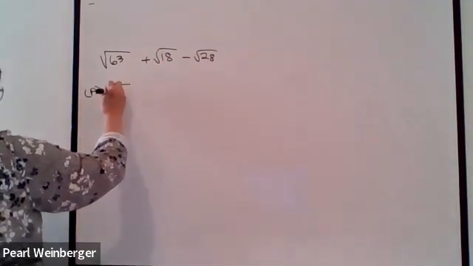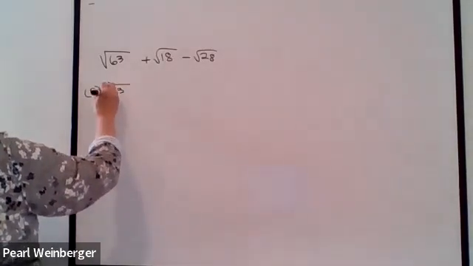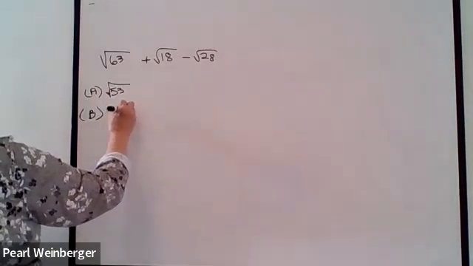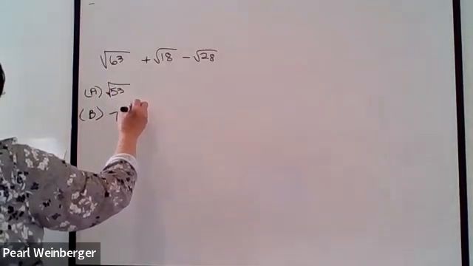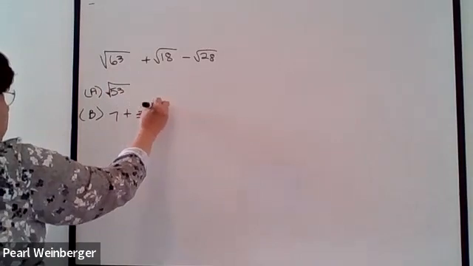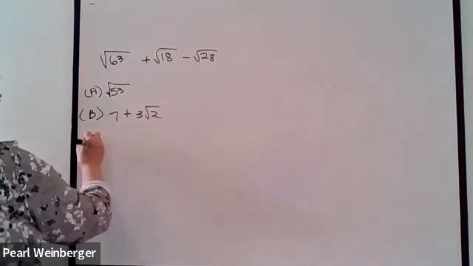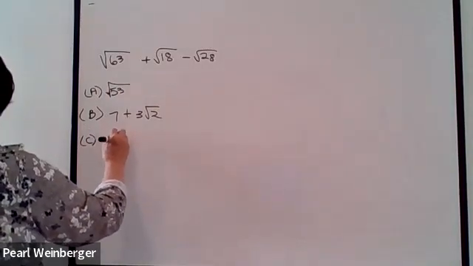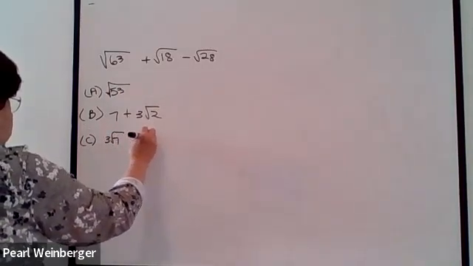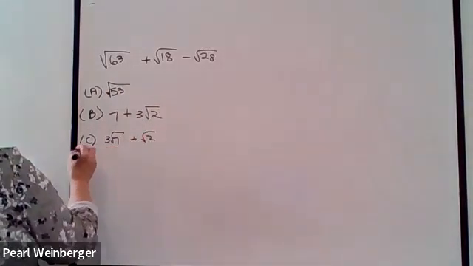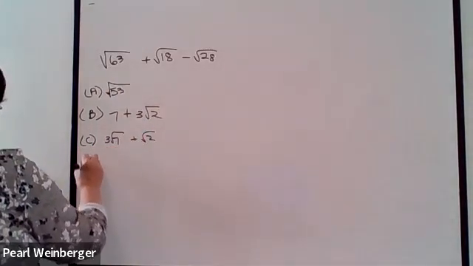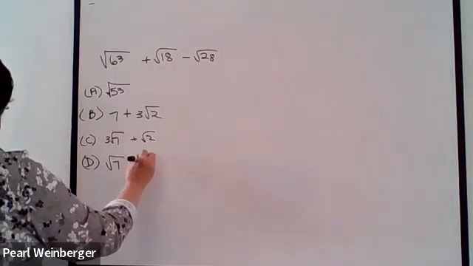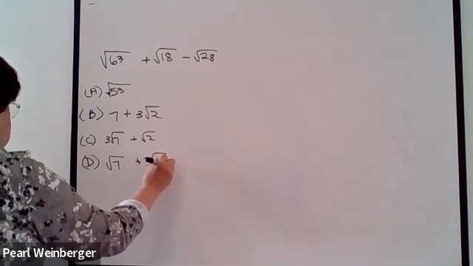Radical 53, choice A. Choice B is 7 plus 3 radical 2. Choice C is 3 radical 7 plus radical 2. And choice D is radical 7 plus 3 radical 2.